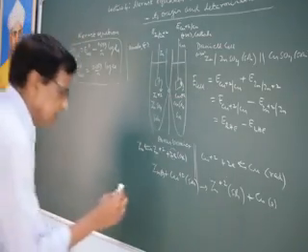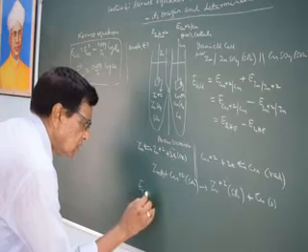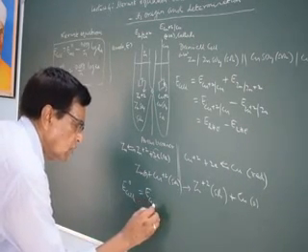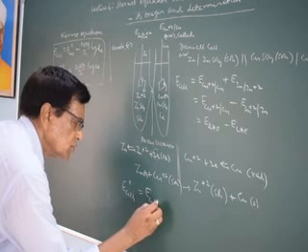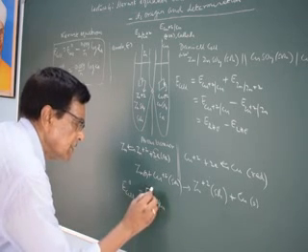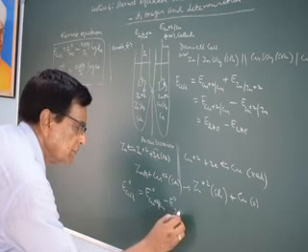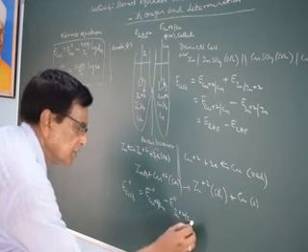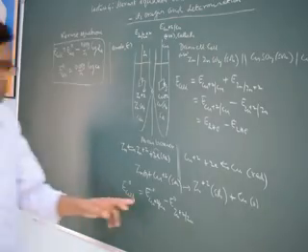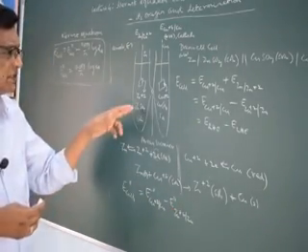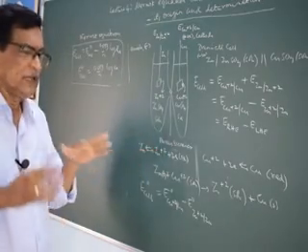Similarly, E cell naught we can also write as E naught copper plus 2 copper minus E naught zinc plus 2 and zinc. And these two are the standard electrode potentials, when the activity of the zinc ion is taken equal to 1.